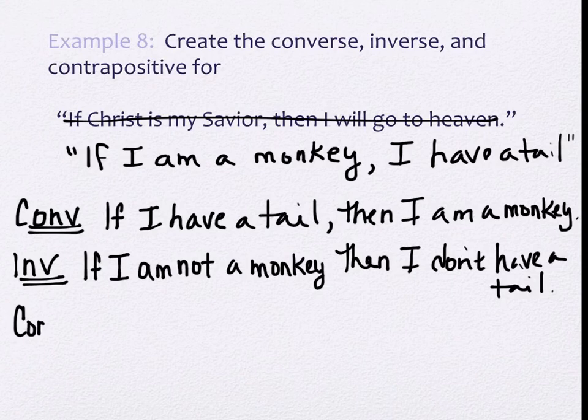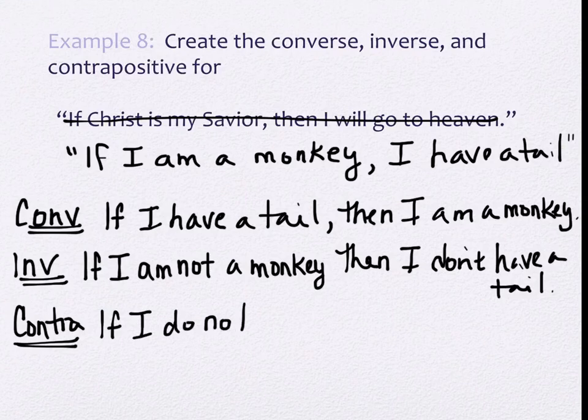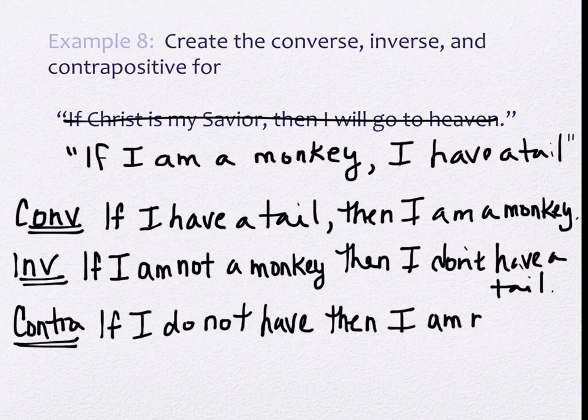All right, the last one, the contrapositive. Okay, so what are we going to do on the contrapositive? If I do not have a tail, okay, so we negated the second half. We're changing the order. Then I am not a monkey.